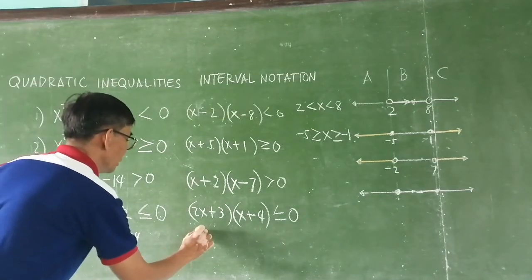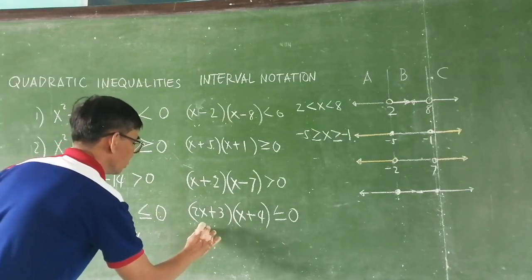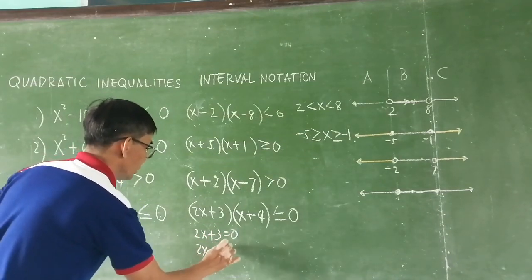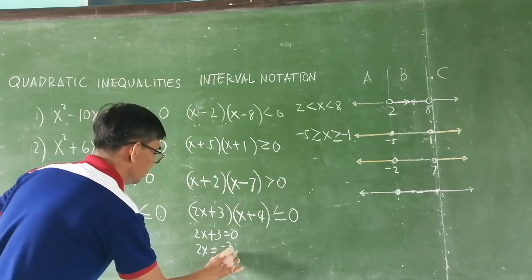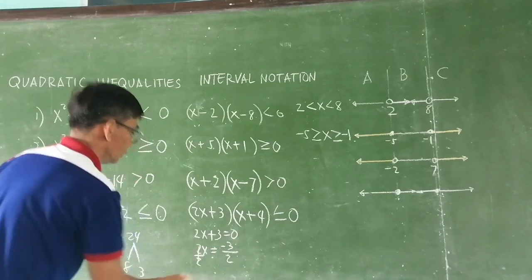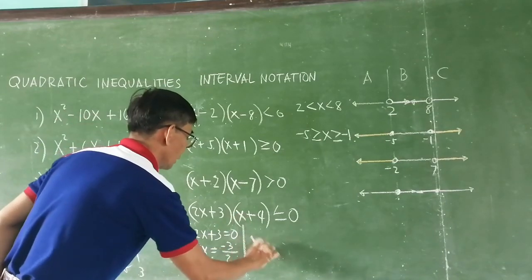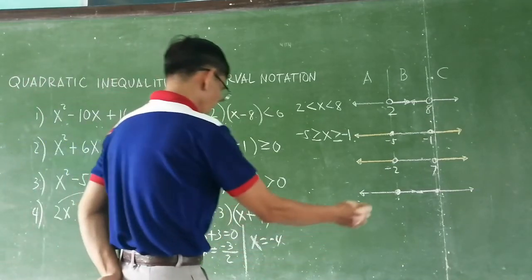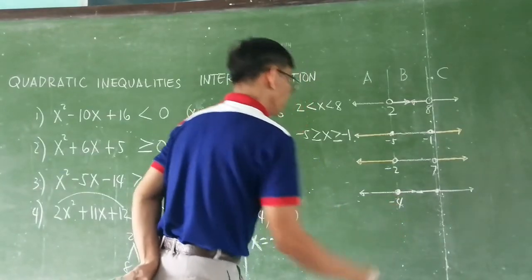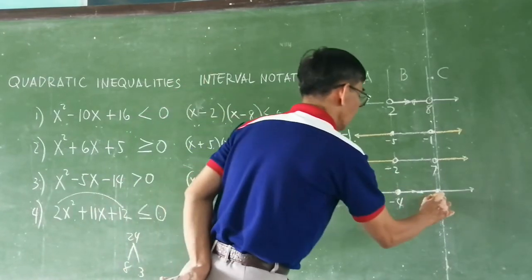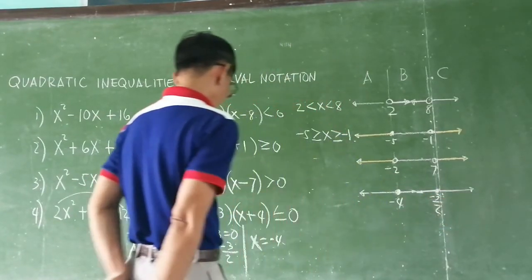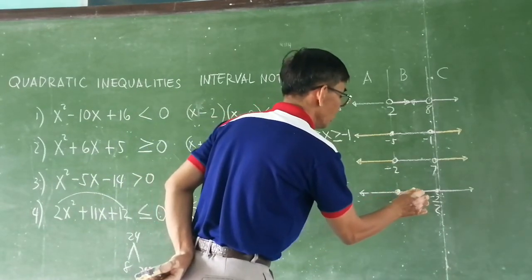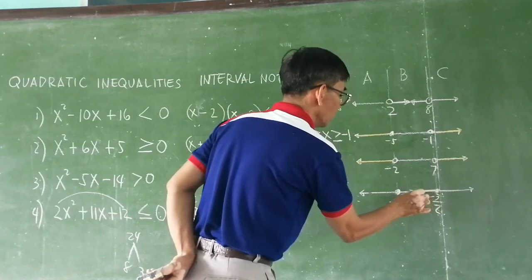So one value here is 2x plus 3 equal to 0, so 2x will be equal to negative 3, so x is negative 3 over 2. And here, x will be equal to negative 4. So you can write negative 4 here, and we can write negative 3 over 2 here, and less than or equal to, so the solution will be here, going this way.